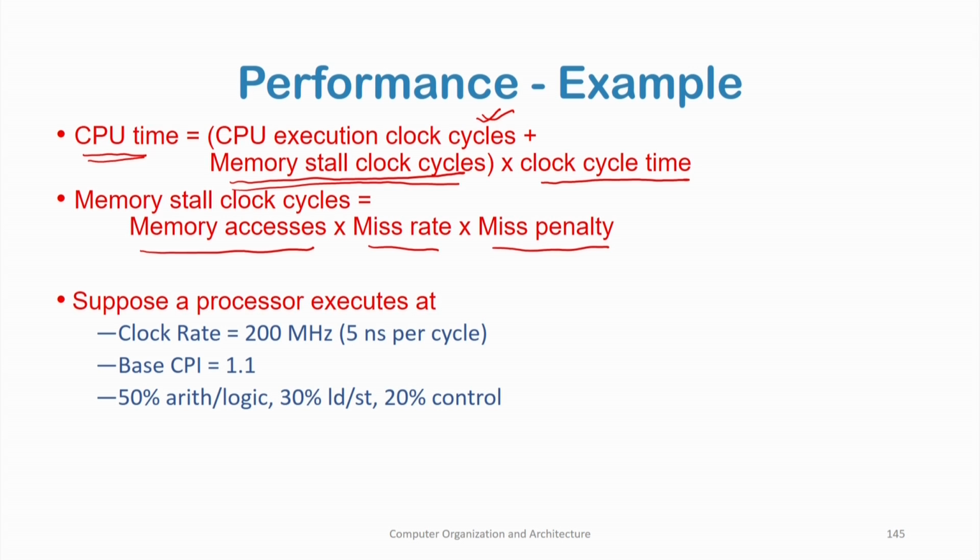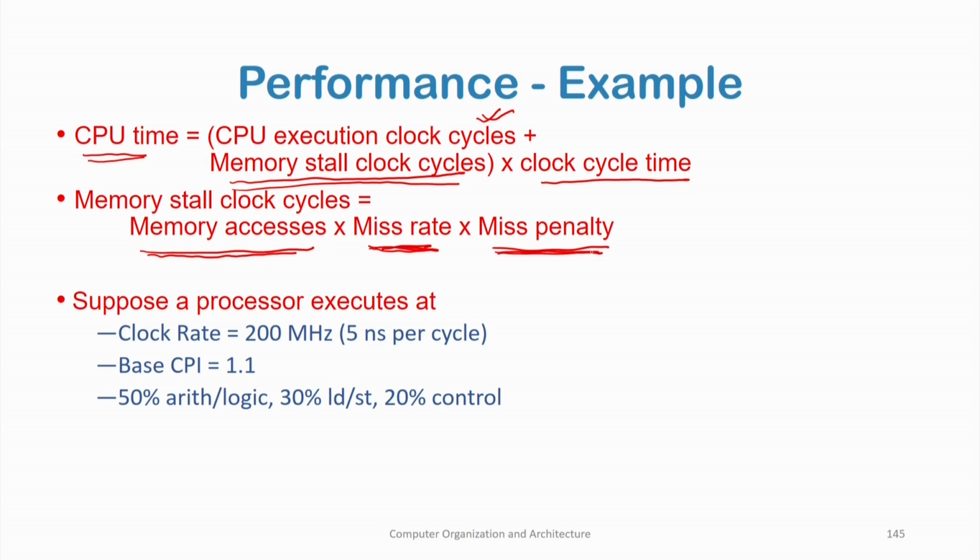What will be the memory stall cycles? Number of memory accesses for instructions or data. Among these accesses, what is the rate at which I miss, the miss rate? In the cache how many are missed, in the memory how many I miss, so that I have to go to the lower level of the memory. At a particular level of memory, what is the miss rate, and if I have a miss, what is the amount of penalty that I have to incur.